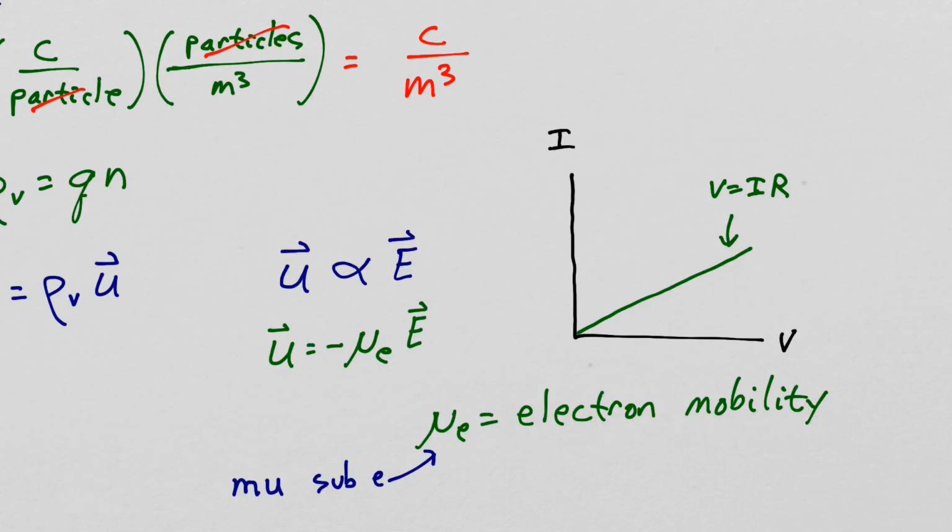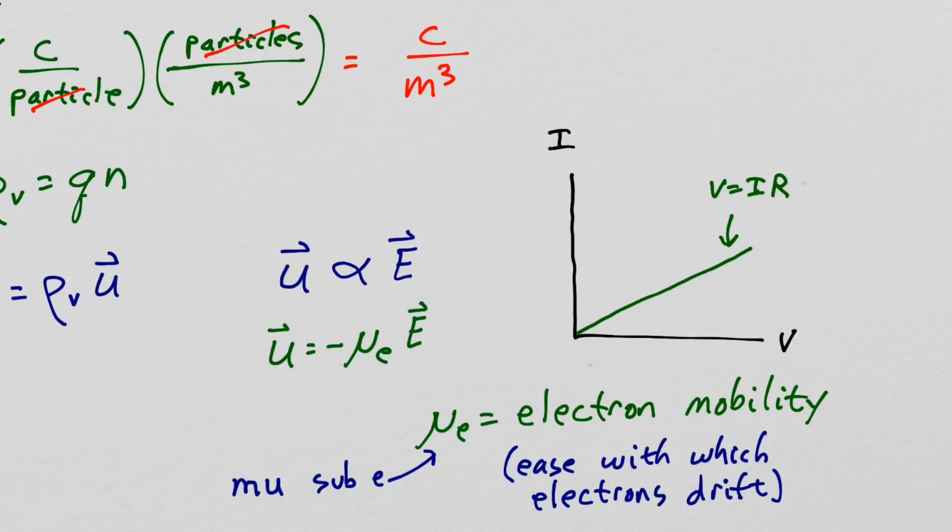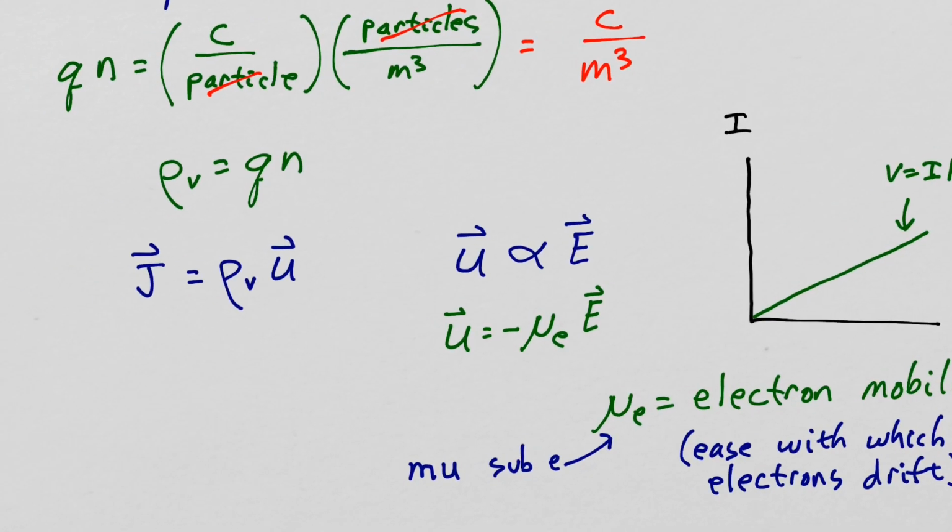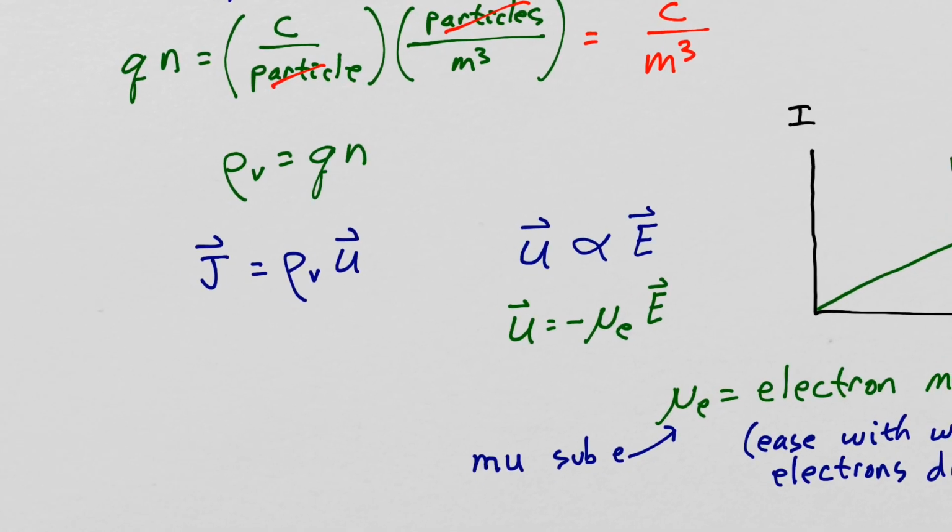So let's go back to our equation for our current density here. For our charge density, if we're dealing with electrons in a metal, the charge density will be minus e times n, where e is the magnitude of the charge on an electron, 1.6 times 10 to the minus 19th coulombs.